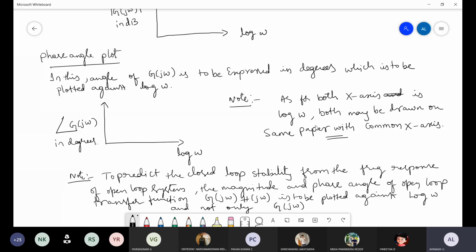But when you want to predict the stability, we need to consider both g of j omega and h of j omega, that is the multiplication, g of j omega into h of j omega, plotted against log omega. Keep that in your mind.